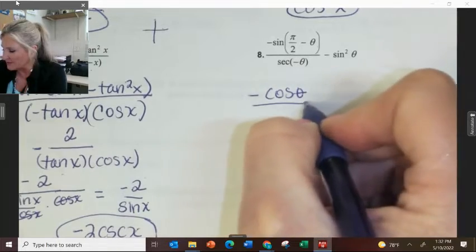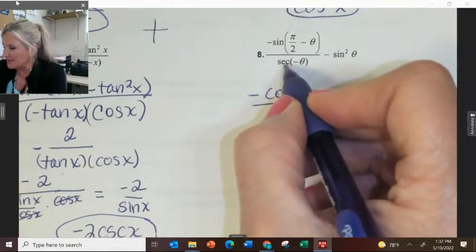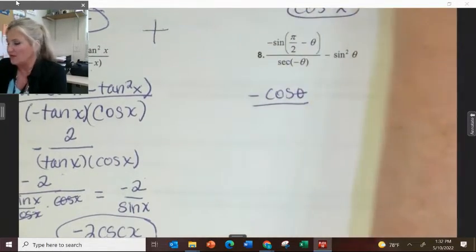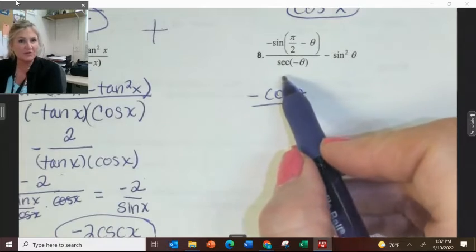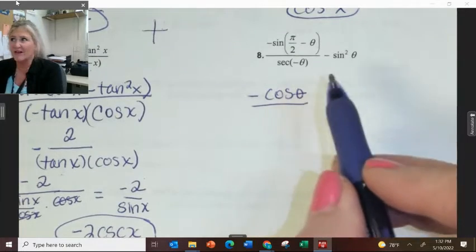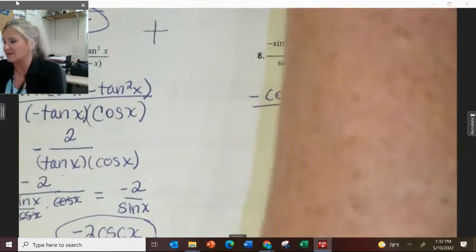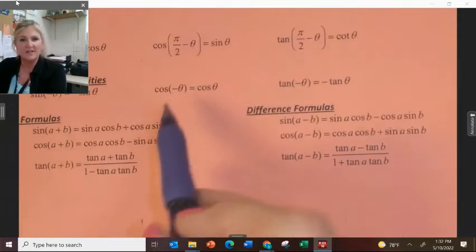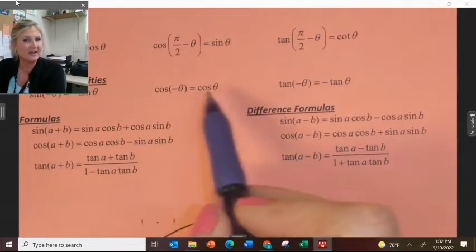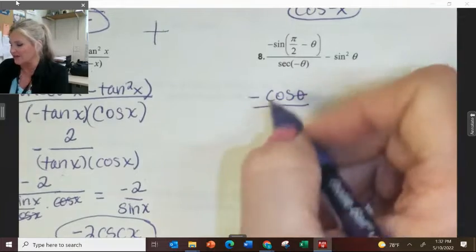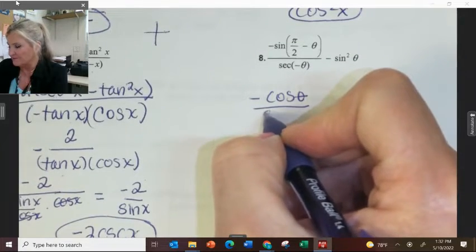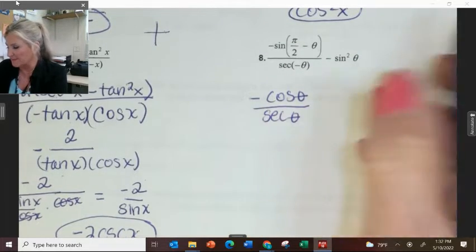Okay, can't do anything else yet. Secant of negative theta. Well, secant is the reciprocal of cosine, so it's going to have the same rule as the cosine function. So if cosine of negative theta is positive cosine theta, what is secant of negative theta? Positive secant theta.